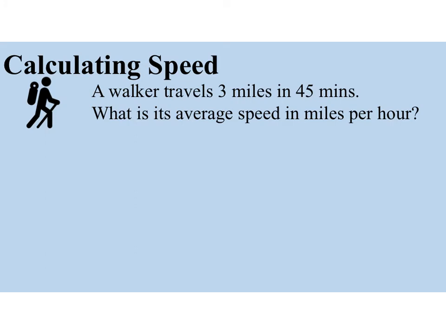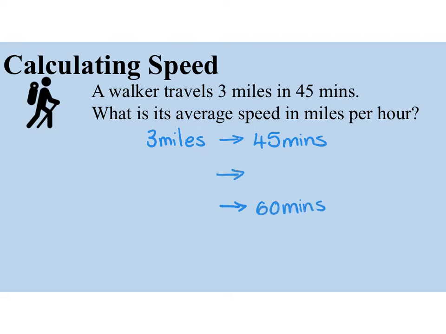Next question here, we have a walker who is travelling 3 miles and they took 45 minutes to walk those 3 miles. What's the average speed in miles per hour? Again, remember that an hour is 60 minutes.